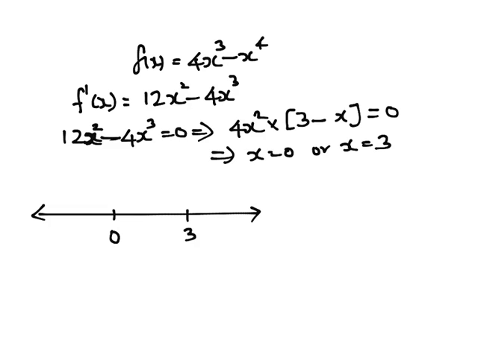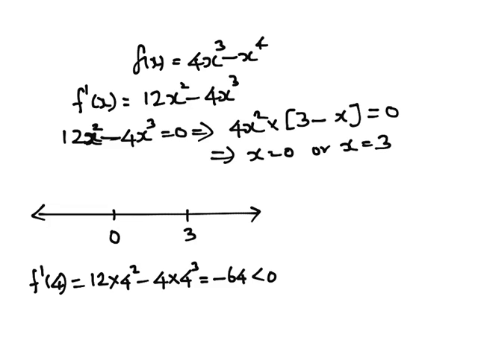Let me take a value more than 3 and substitute in f dash of x. So let me take, for convenience sake, 4. So f dash of 4 is 12 times 4 square minus 4 times 4 cube, so we'll get minus 64, so negative.